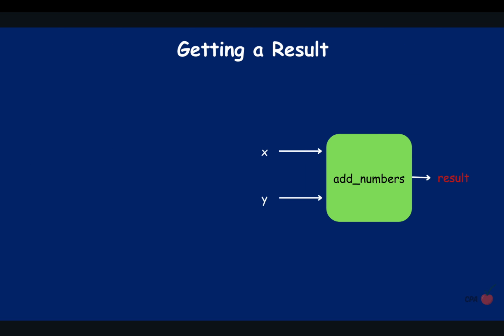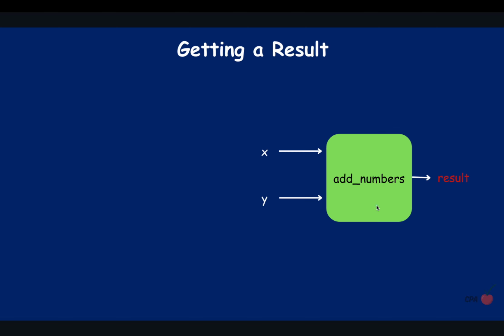Now, before we jump into code, I want to point out that some functions just do something, like our welcome guest function just prints a message. They perform an action but don't give anything back. Other functions, for example, this function here called add numbers, which gets two input parameters, x and y, gives us back a result.